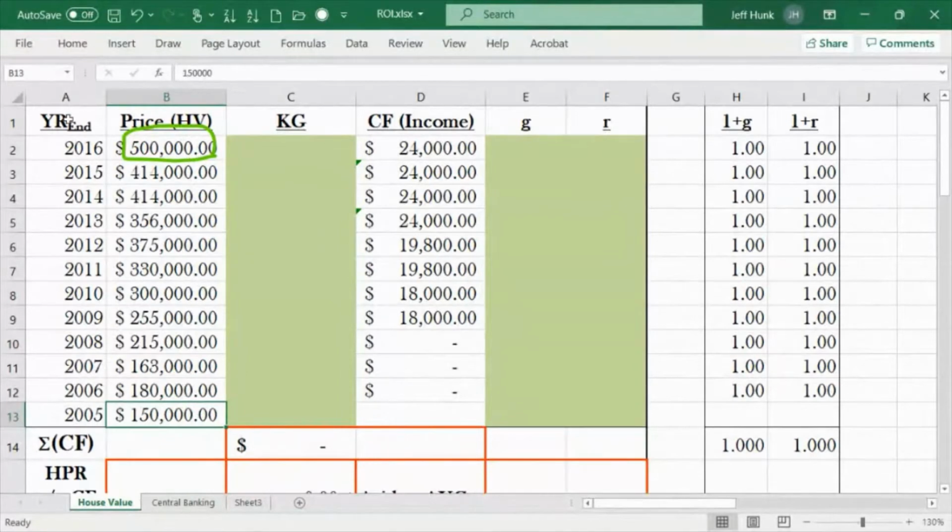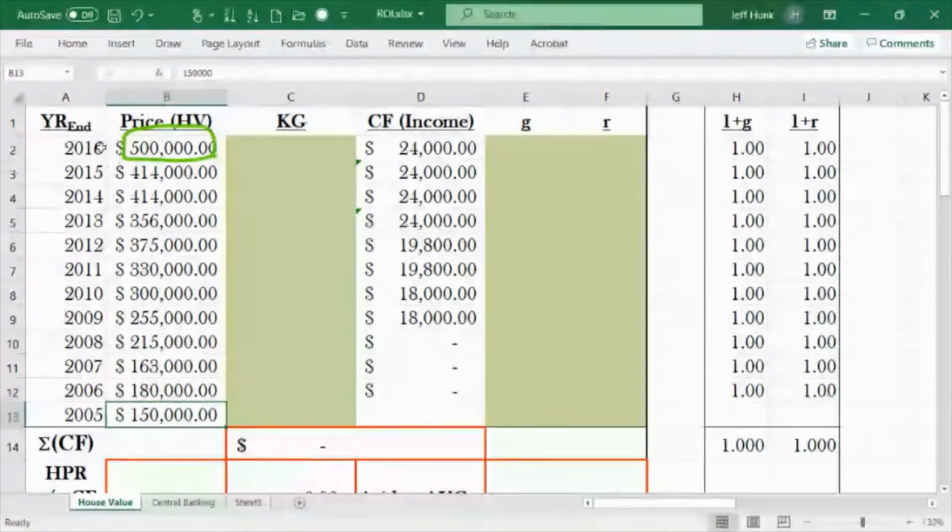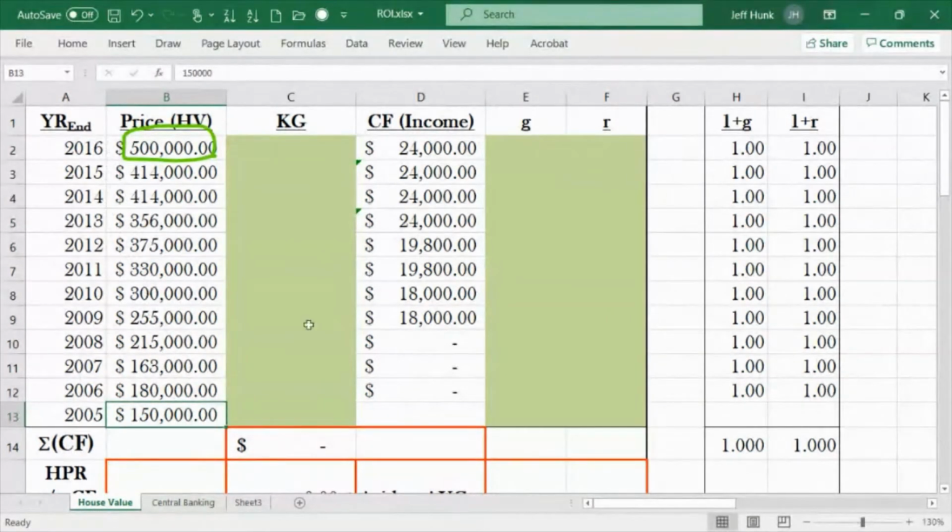Of course, during the course of these 11 years, house values changed. Some years it went up, and some years it went down. In 2007 there was a housing market crash, right? In 2008 it went up, and some years there was no change.